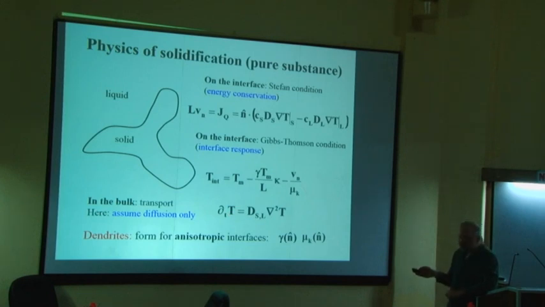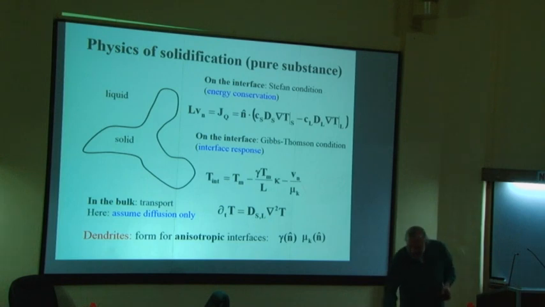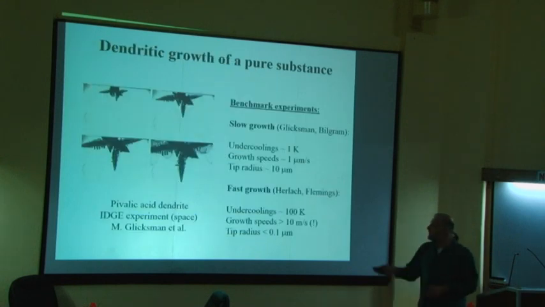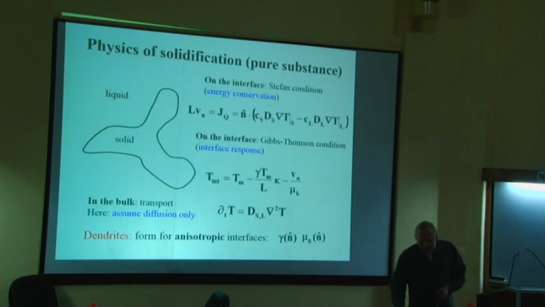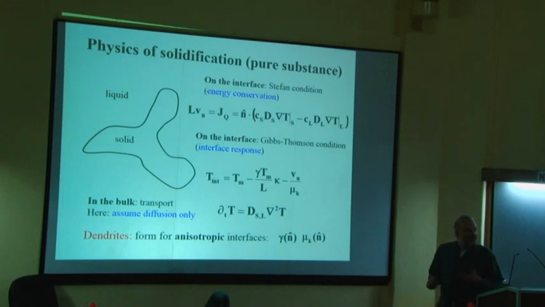Now, just to mention, as you have seen, a dendrite here, of course, is an anisotropic structure. You see that the main branches grow along the axis of a coordinate system, and that's because the crystal structure is cubic. So where does the anisotropy come into play in this free boundary problem? Actually, it comes into play through the interfacial properties.